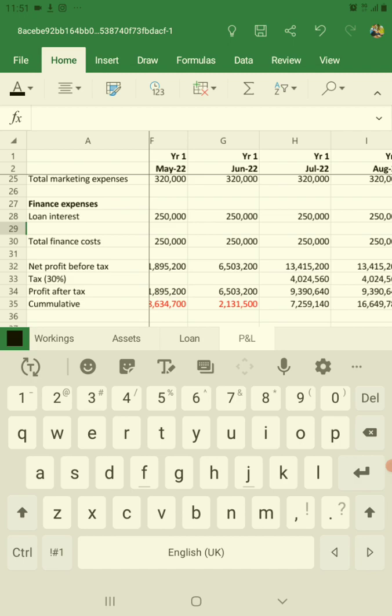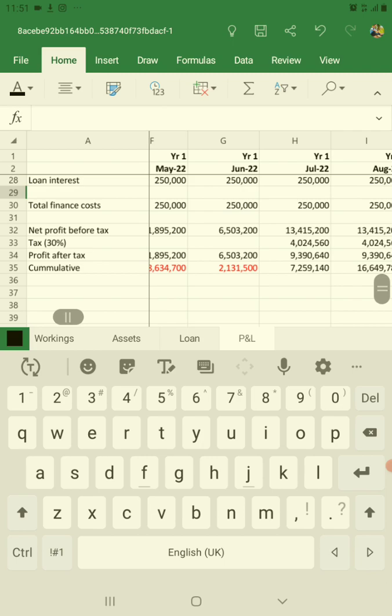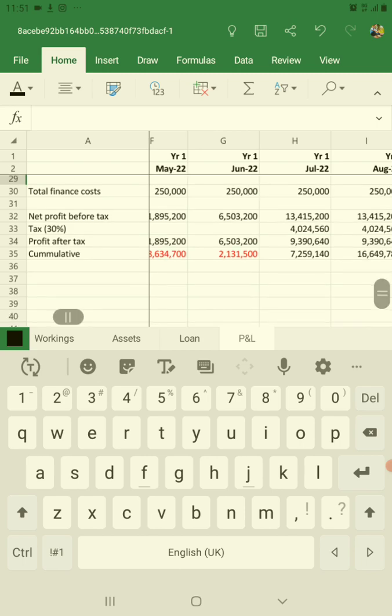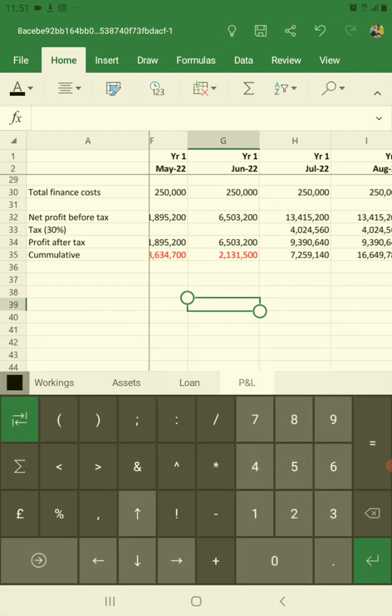So let us proceed now by incorporating these tax figures into our financials. Taxes in Tanzania are paid on a quarterly basis, at the end of the calendar quarter.